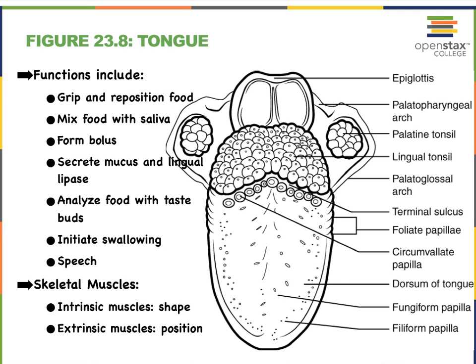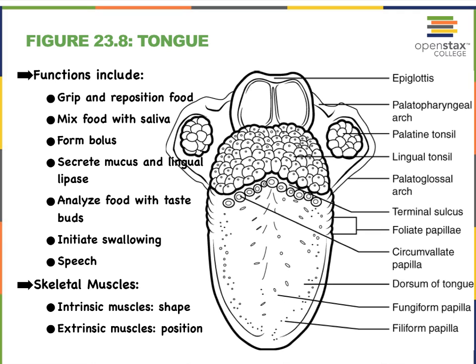Finally, in addition to speech and swallowing, secreting materials, and forming the bolus, let's not forget that our tongue contains all kinds of taste receptors located in what we call taste buds. And there's different types of taste buds located in these what we call papillae, foliate, circumvallate papillae, and others.